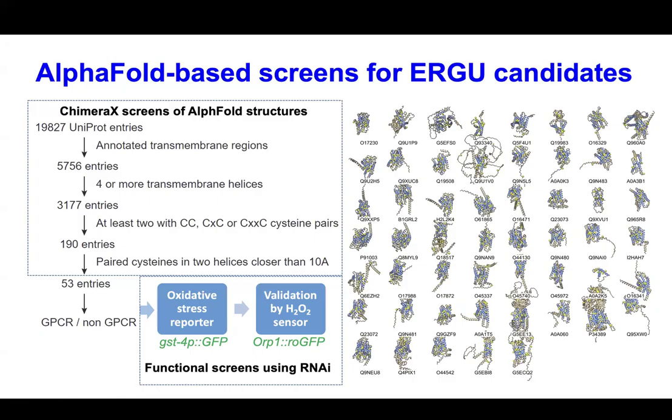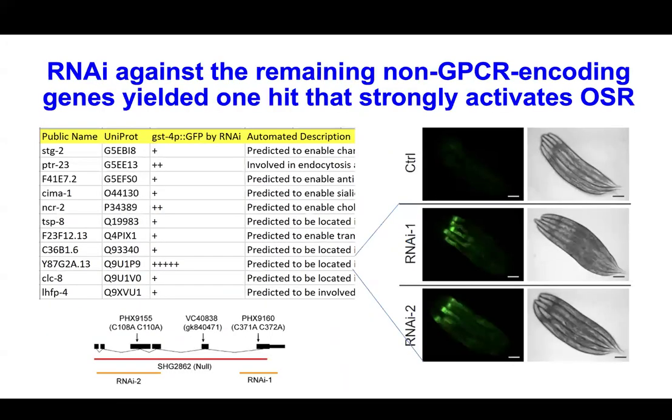Using, for example, the oxidative stress reporter, GST4 GFP, and H2O2 specific sensor, ORP1 roGFP reporter in C. elegans. And so we did the RNAi experiment for all of the candidates, and the vast majority of them had no phenotype, except one.